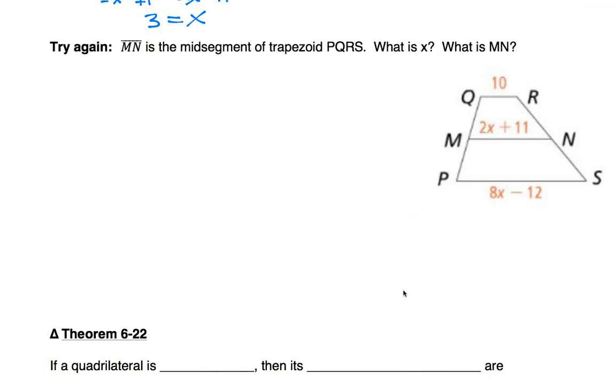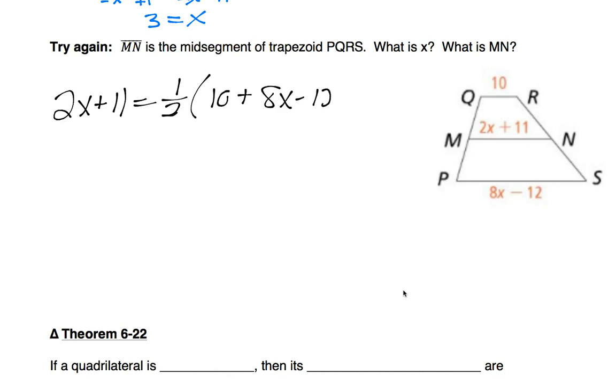Try again. We're going to go straight into the algebra this time just to speed it up here. 2x plus 11 equals 1/2 of 10 plus 8x minus 12.